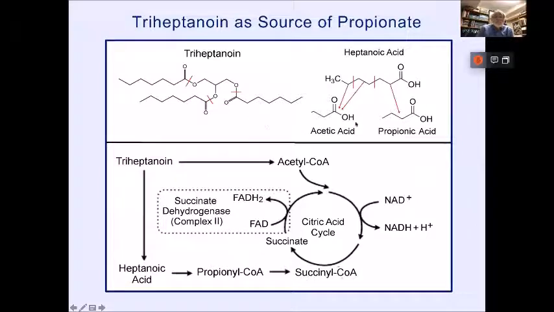Just to briefly review, we had considered and are still thinking about using triheptanoin, which is now being used to treat another group of metabolic disorders, disorders of fatty acid metabolism.